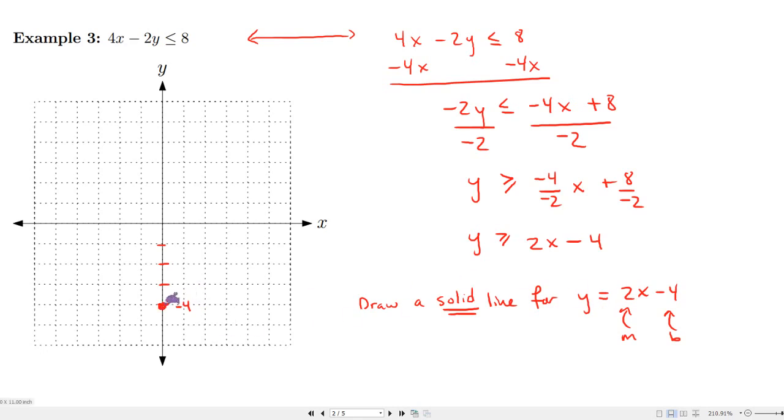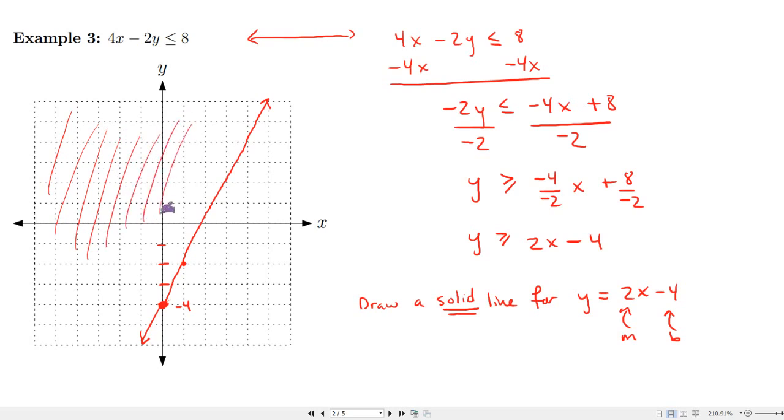That will be where the boundary line hits the y-axis, and the slope is 2. So the rise is 2 and the run is 1, 2 over 1. We're going to go through this point and use a solid line. Then y is going to be greater than or equal to 2x minus 4. So all the y values that are greater than this line will be in this shaded region, and this will be our solution set.